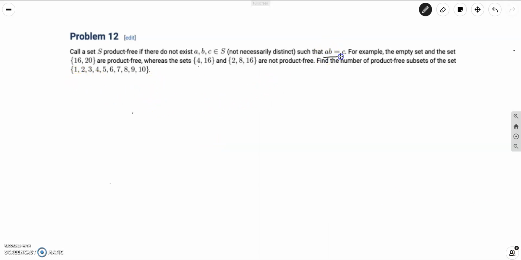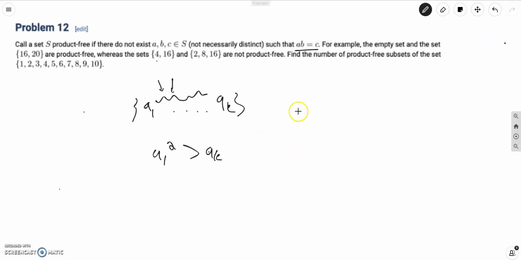Well, this condition is very nice because if you have a set where the smallest element is A1 and the biggest element is A_k, if A1 squared is greater than A_k, then for every element in between, we can either choose it or not, because we know that the smallest value of A times B is always going to be greater than or equal to A1 squared.